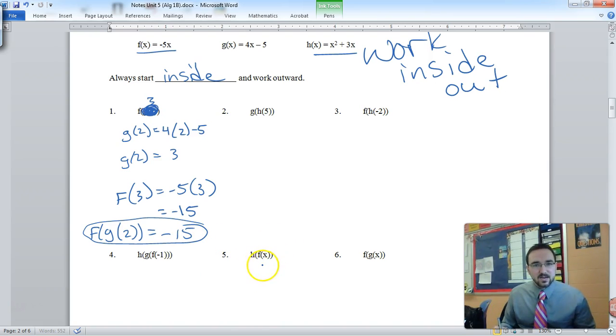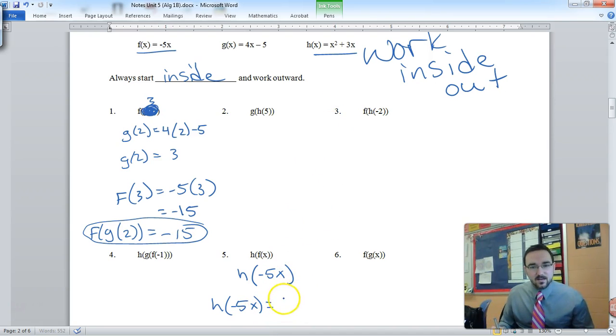So f of x is negative 5x. So instead of plugging in f of x, we're going to now evaluate for h of negative 5x, because that's what f of x is equal to, right? Good. Now we're going to take the h of x function and plug in negative 5x. So h of negative 5x, anytime we see an x, we're going to plug in a negative 5x to it.